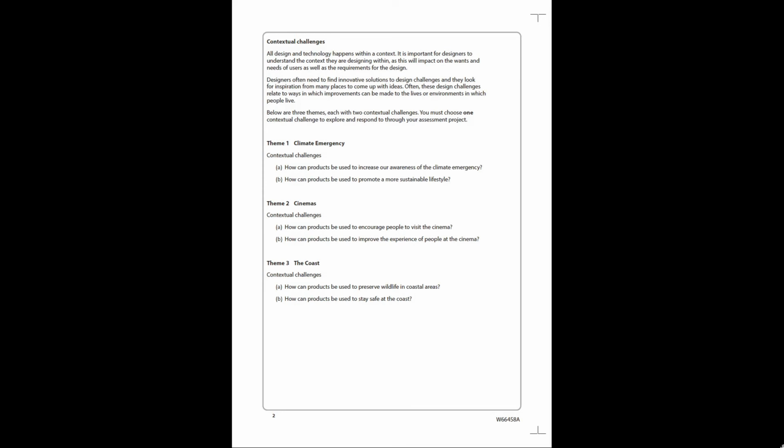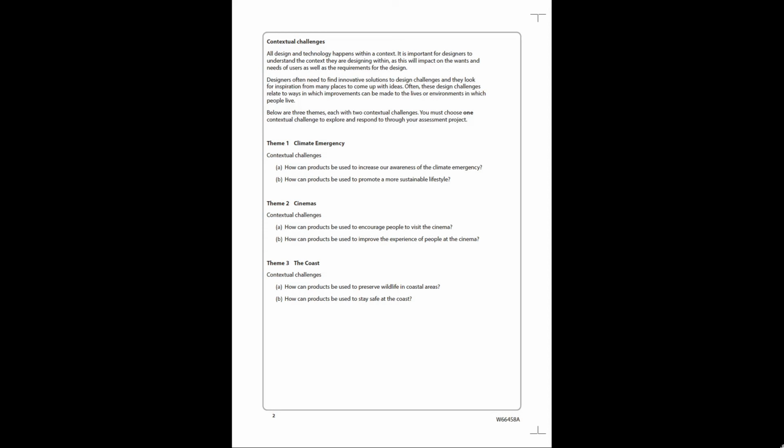Theme 3, the coast. How can products be used to preserve wildlife in coastal areas? And how can products be used to stay safe at the coast? So if you think about the first one, we're very lucky around here. We've got the Ainsdale and Formby, the pine woods there with the red squirrel sanctuaries, so we could have a look at what they do just to get some ideas.